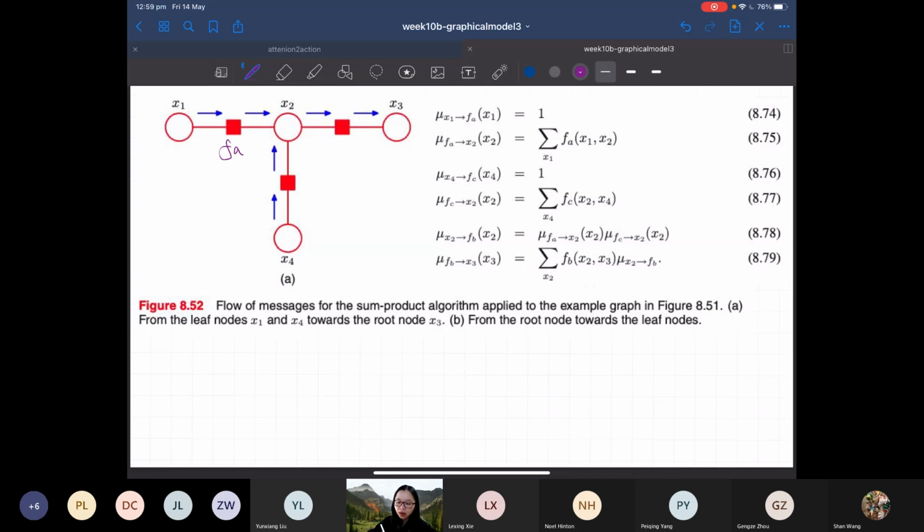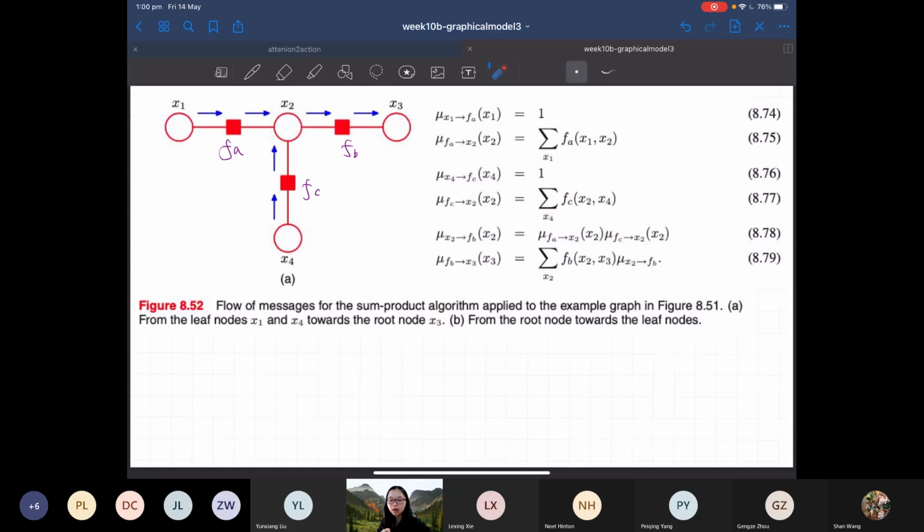And then x4 is connected to FC. And then x2 is connected to FB, right? So the next set of messages being computed is from FA to x2. There's only one term here, FA itself, and it's marginalizing over x1. So x1 gets summed up or marginalized out first. Similarly for x4, same expression here.